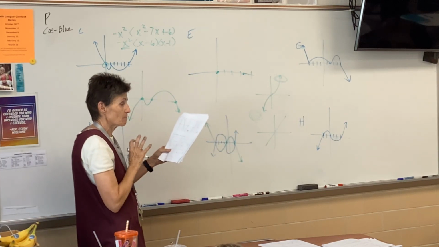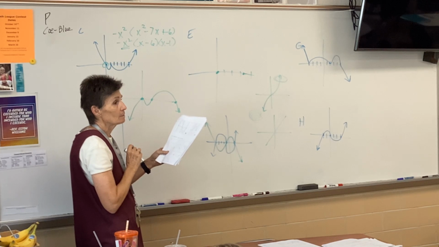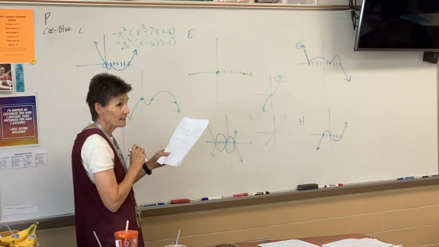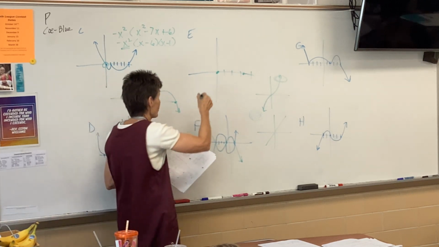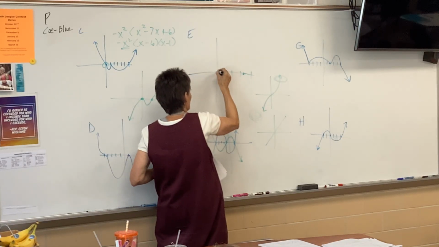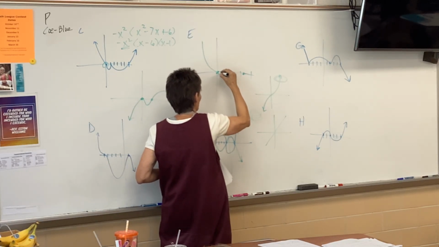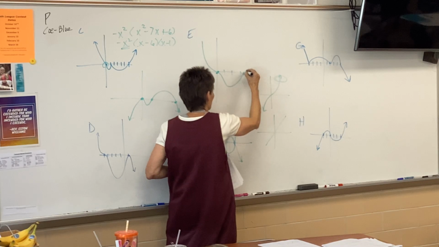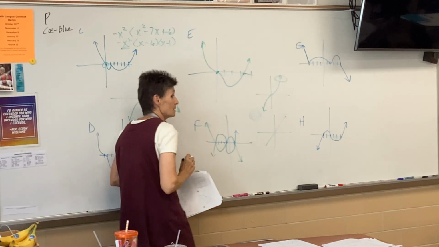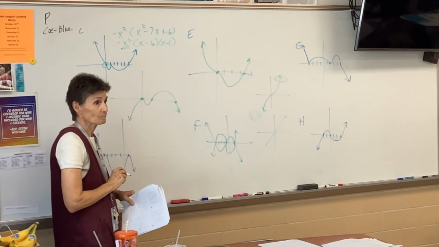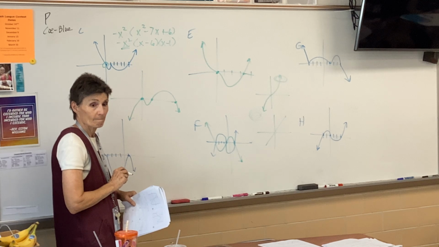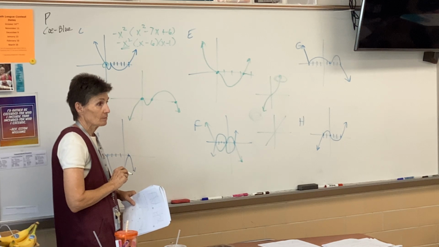What power is this polynomial? 4th, that's even. Evens are going to start up here. That's a cube, so it's going to have to squiggle through that one and come back up and hit that one. So it should look like that. All right with everybody?